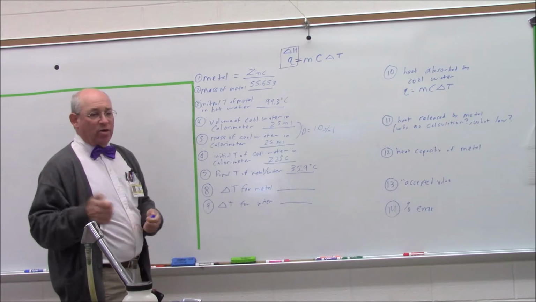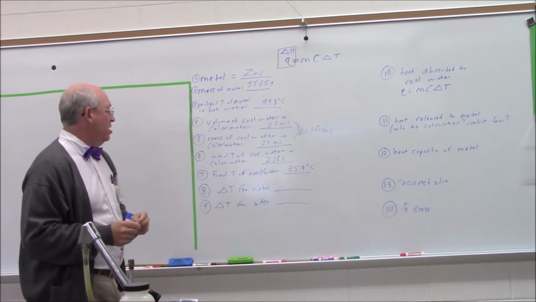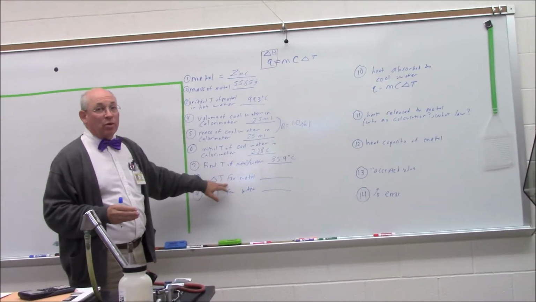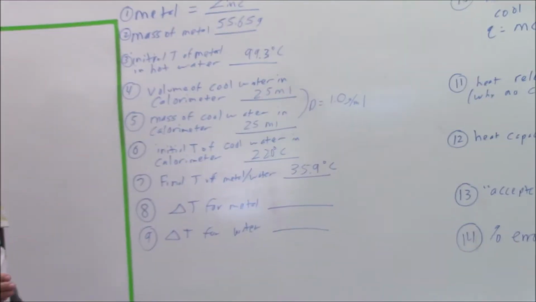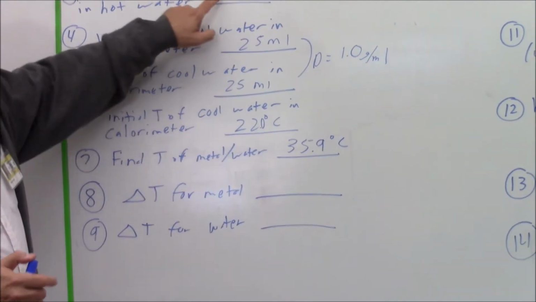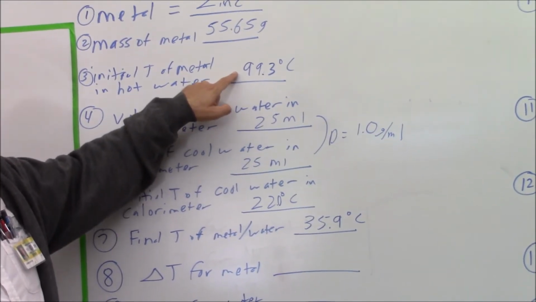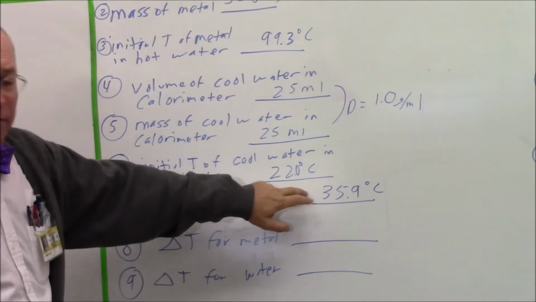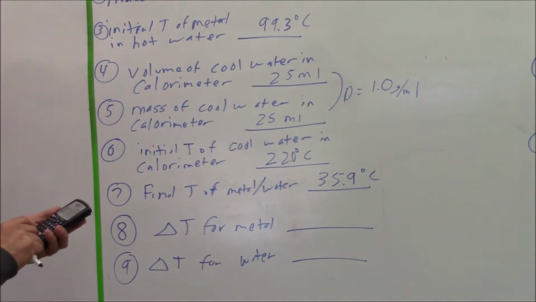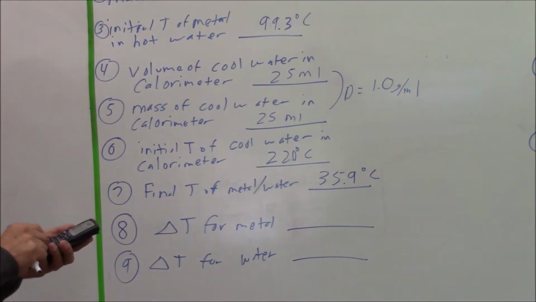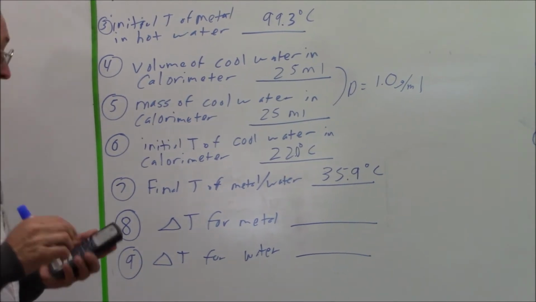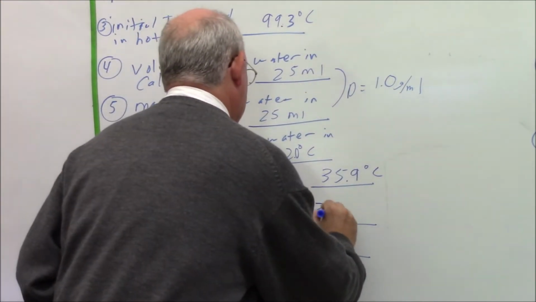The first thing we want to do is calculate delta T for the metal, and we're just going to use the absolute value, which will make our calculations a little easier. The metal started out at 99.3 degrees and ended up at 35.9, so the metal cooled down 63.4 degrees.